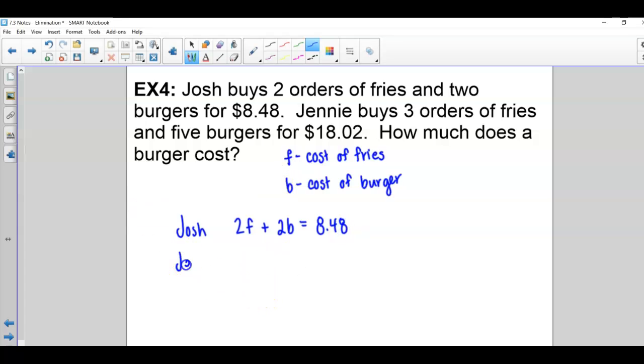For Jenny, she orders 3 orders of fries and 5 burgers, and her total is $18.02. Okay, questions?